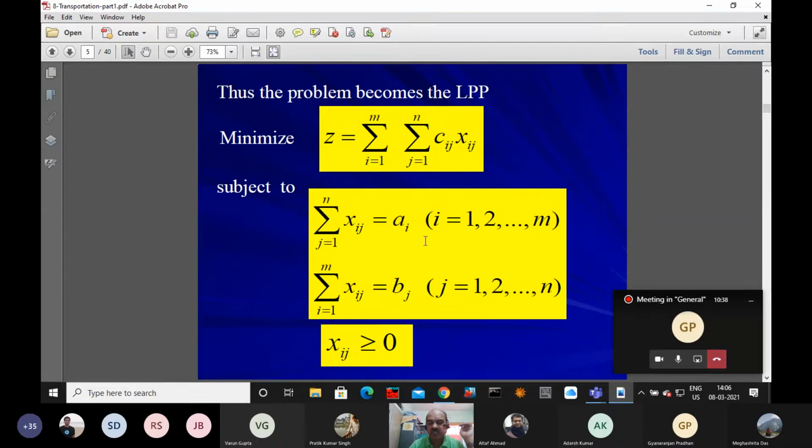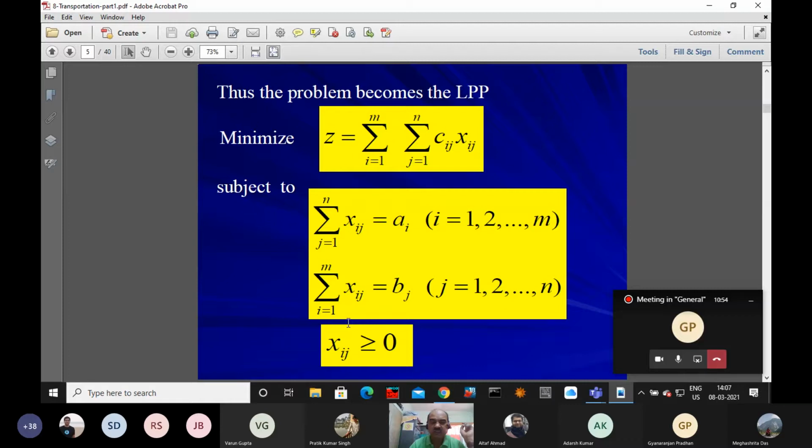That is the source constraint. Similarly, we have the summation over i varies from 1 to m of Xij equals Bj, j varies from 1 to n.